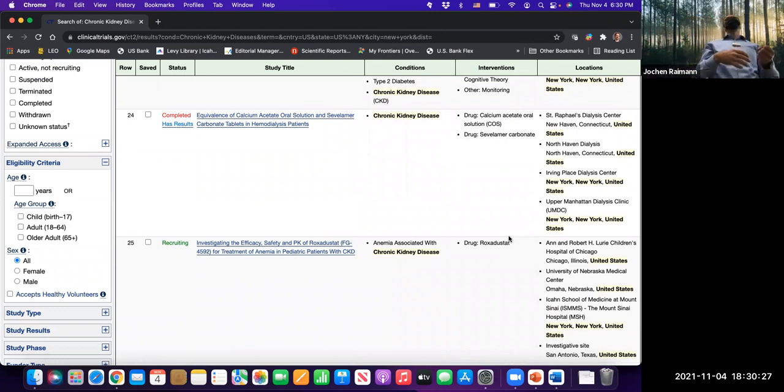Once you want to publish it, there's a clear trail: I designed the study, I went through IRB, I declared it on clinicaltrials.gov, and essentially this is what I wanted to do, this is what I'm doing. And once the publication comes out, you cite your clinicaltrials.gov number, and your reviewers will go back to your clinicaltrials.gov entry and see whether you're really reporting what you have done.